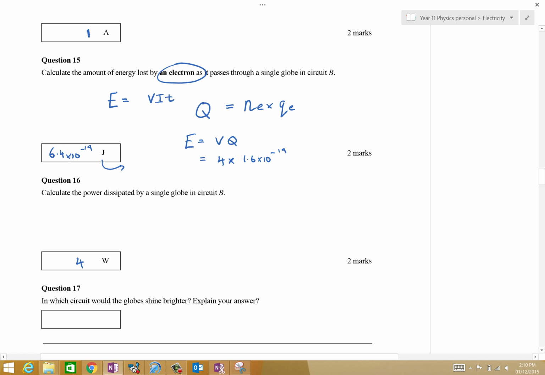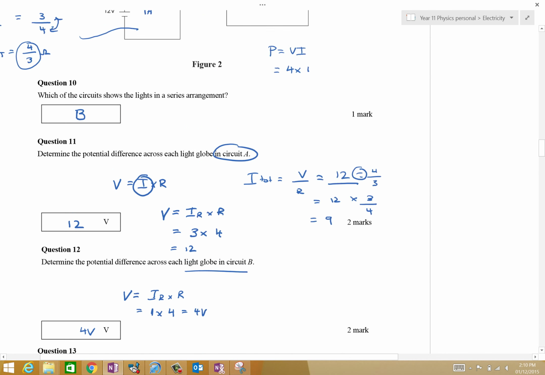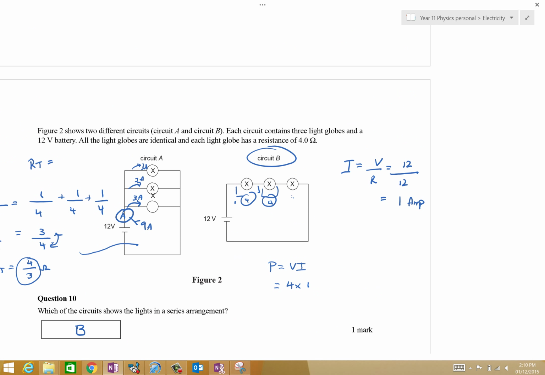Now which one would be brighter though? Which one would be brighter, the series circuit or the parallel circuit? Well, the series circuit, we're going to have 4 watts across each of those. Let's compare that to over here. What have I got? I've got 3 amps going through each, and I've got a voltage supply of 12. So if I measured the voltage across there, that's going to be 12 volts.